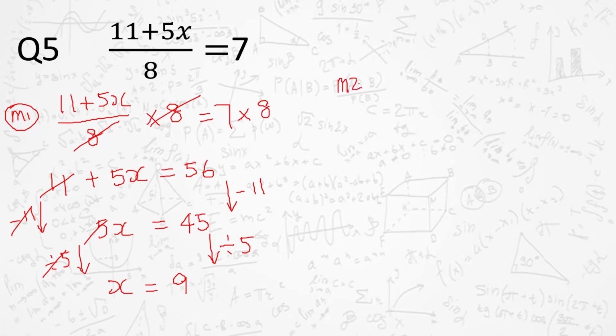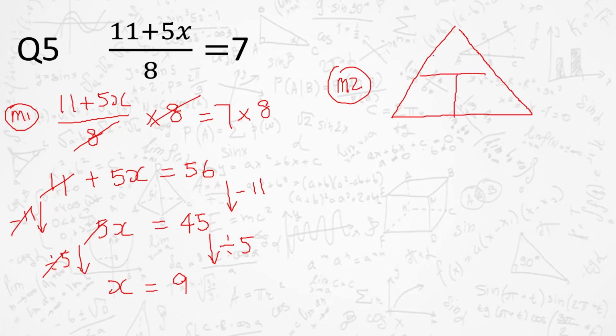The triangle method also works. Whatever's on the top of my fraction goes there. So 11 plus 5x on the top. And then I have an 8 and 7 here. So that's a multiply. Again, same principle. 11 plus 5x equals 7 times 8, which is 56.